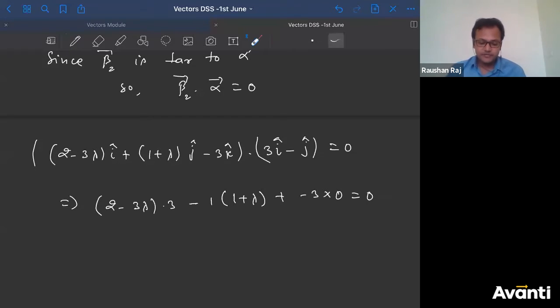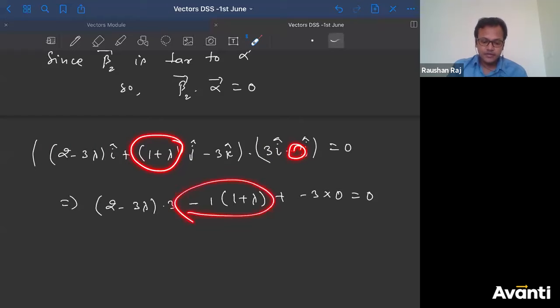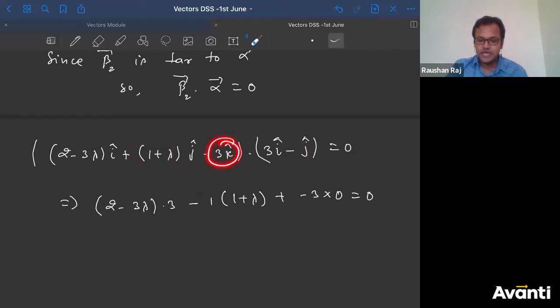So this is how we calculate the dot product. Coefficient of i cap and coefficient of i cap will be multiplied. Then coefficient of j cap and coefficient of j cap will be multiplied. Then coefficient of k cap and coefficient of k cap. Here the coefficient of k cap is 0. So this is the final answer.